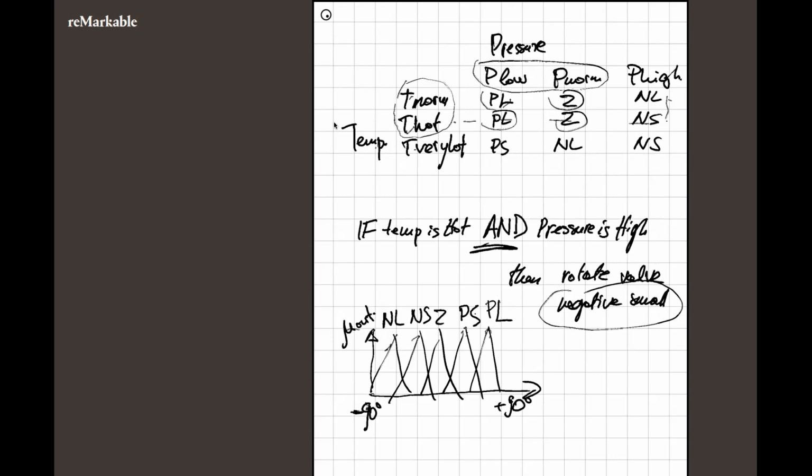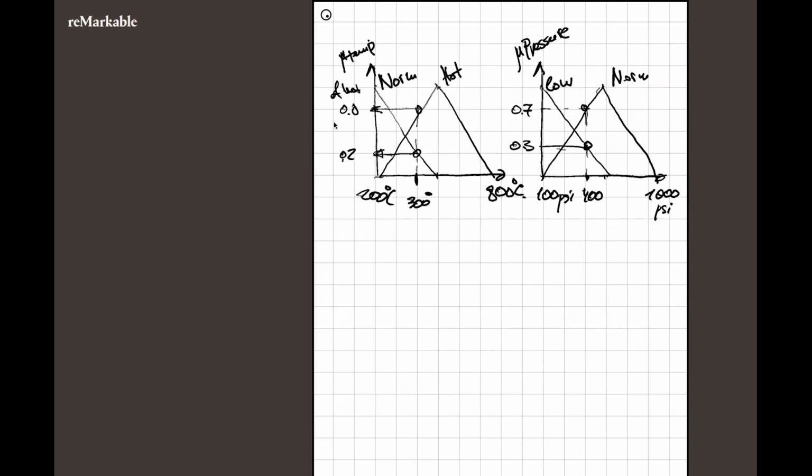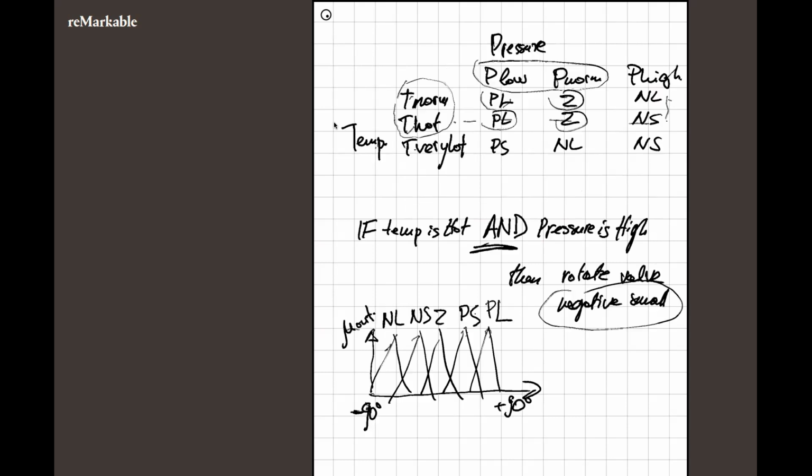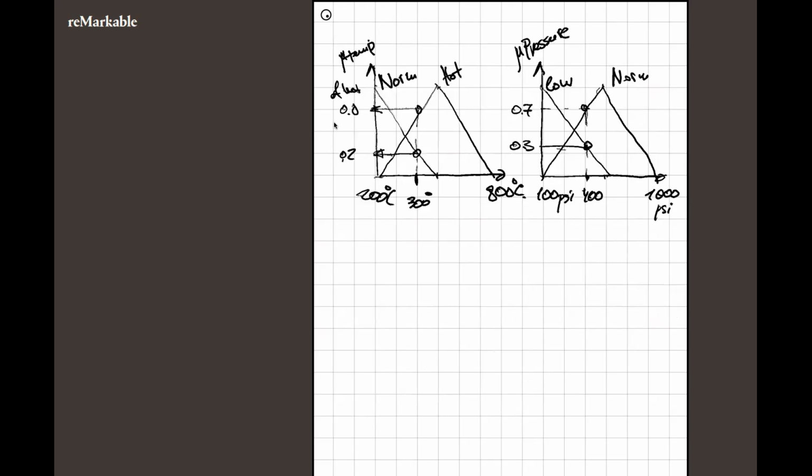So the action will be somewhere in between. And to do this, we need to do aggregation. This is the main difference from the classical logic. We use several rules at once, whatever is applicable, and then we need to perform a step which is called aggregation.